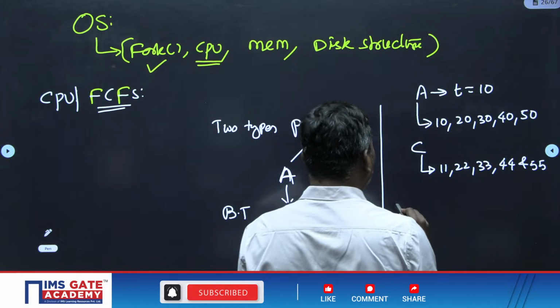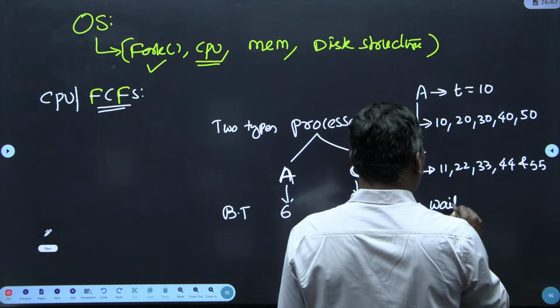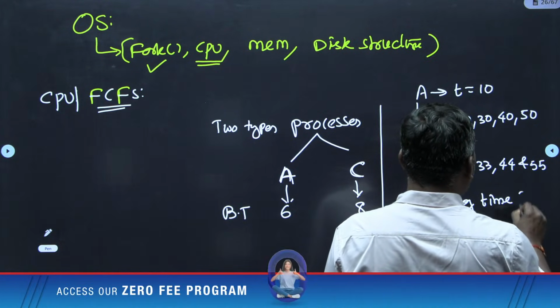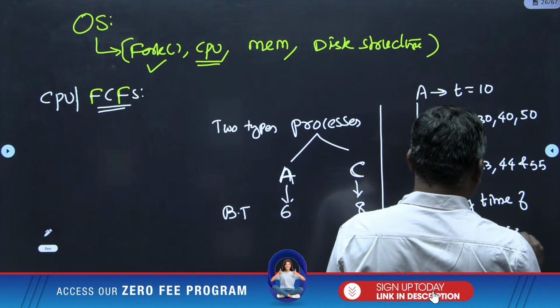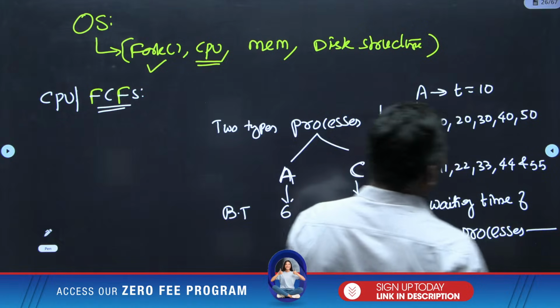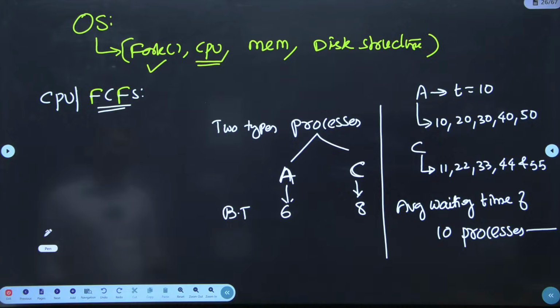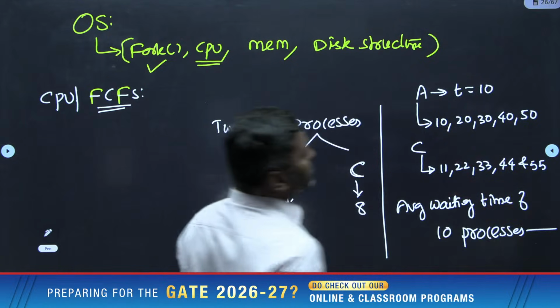Now the question is asking what is the average waiting time of the 10 processes, up to 1 decimal point. So A is coming this many instances, C is coming this many instances.